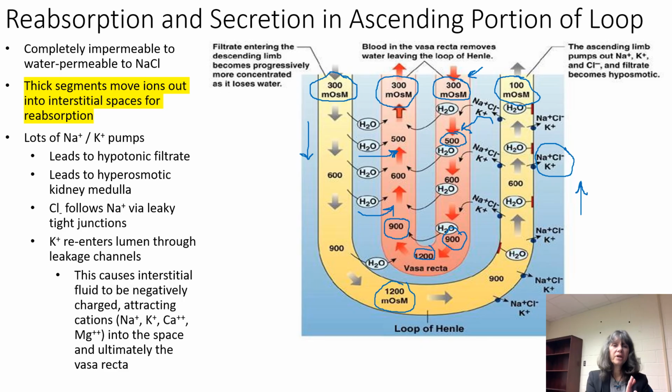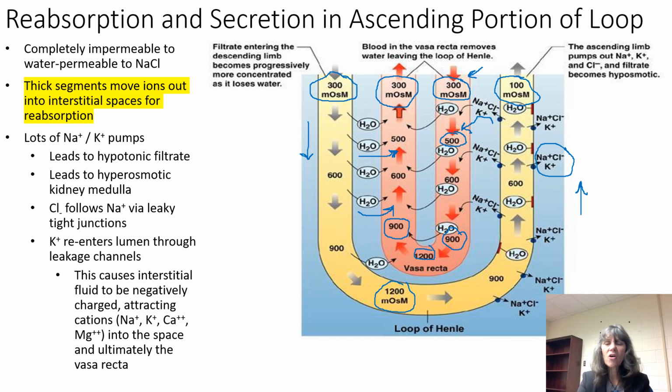So we have lots of sodium-potassium pumps that lead to a hypotonic filtrate, which means the filtrate, the potential urine, is going to contain fewer solutes and become hypotonic.